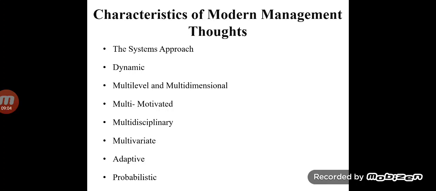Again, it is multidimensional, as it functions in different departments or subsystems: production subsystem, finance subsystem, marketing subsystem, personnel subsystem, etc. Thus, all parts or components are interrelated. Both parts as well as the whole are equally important. All levels of the organization interact in many ways. That's why it is multi-level and multi-dimensional.